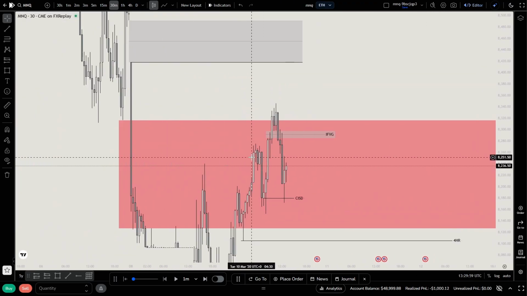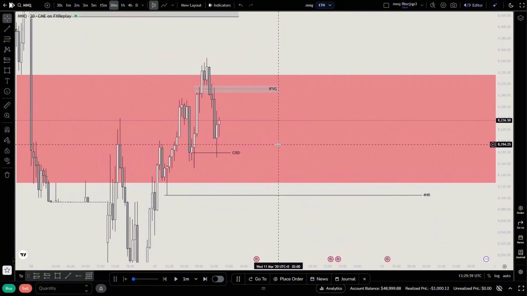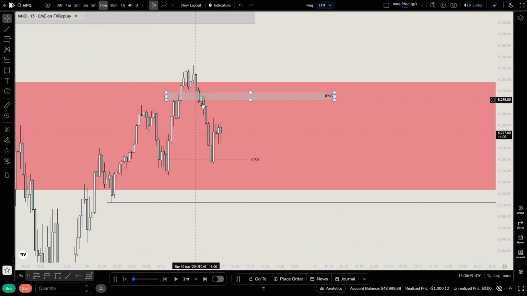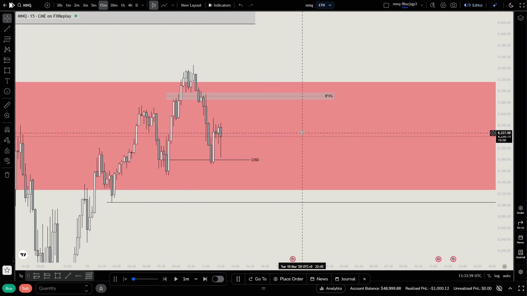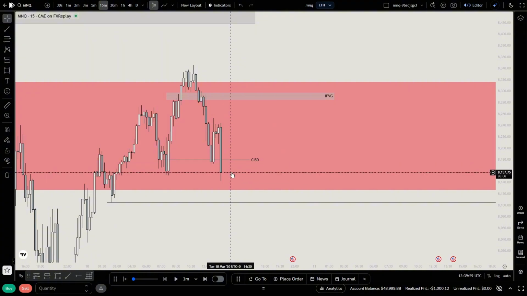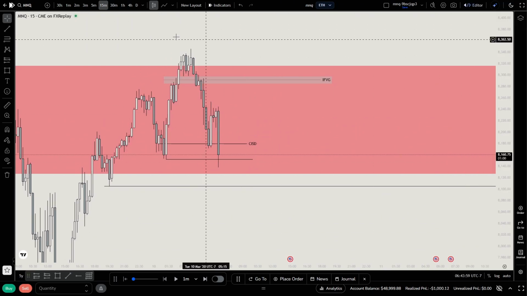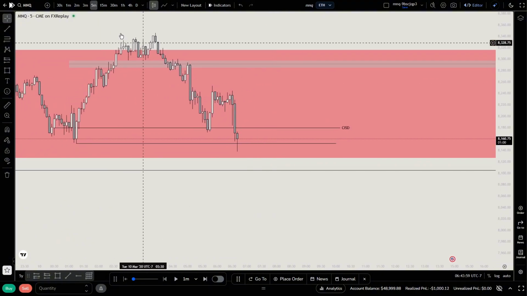Let's see, to hit this new week opening gap, we could take out this 4-hour below. So let's see what happens. On the 15-minute. Test this. I'm not on this. Okay. 5-minute chart.